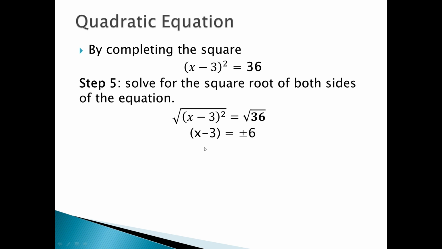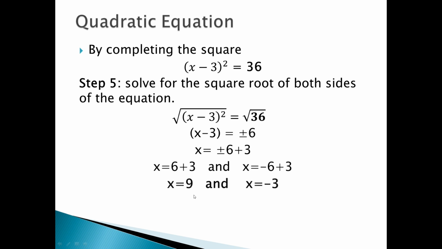We transpose the negative 3 to the other side, so we have x equals plus or minus 6 plus 3. This negative 3 transposed to become positive 3. Therefore, the two values of x will be x equals 6 plus 3, and the other one, x equals negative 6 plus 3. Simplifying it, we have x equals 9 and x equals negative 3. So those are the two values of x that will make the original equation equal to 0.